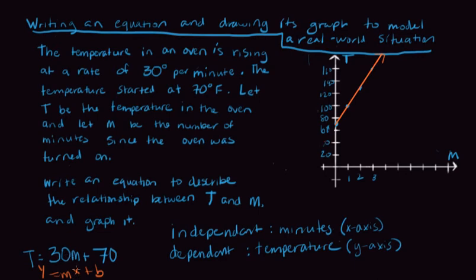And then x is our independent variable, and in this case, it is minutes. And then b is our starting point, or our y-intercept. And in this case, this is 70. And that's how we write an equation and draw its graph to model a real-world situation.